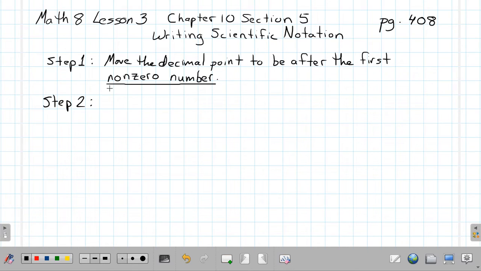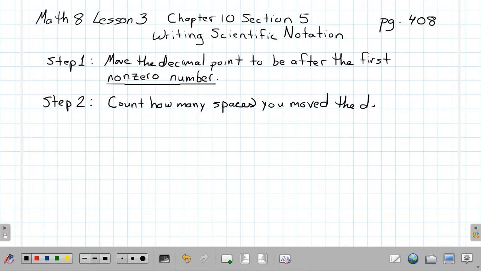In this case, after you've moved the decimal to the first non-zero number, you count how many spaces you moved the decimal point.